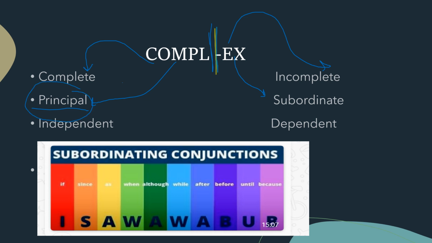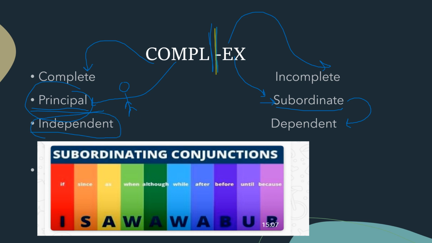So principal is the head of the institute, and the head of the institute has various subordinates under her or him. So these subordinates are dependent, and the principal is the main important person, right? That person is independent of other things.